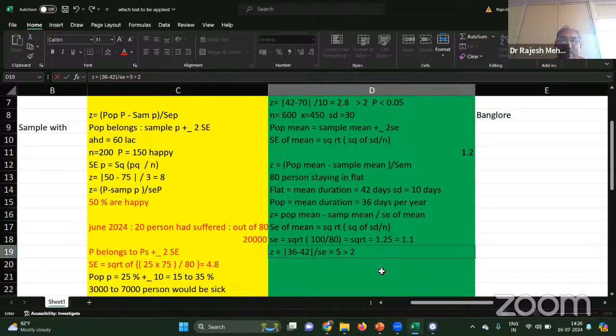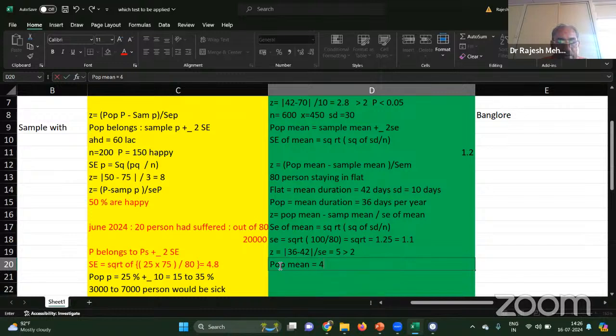And if they ask you to find out, based on the flat dwellers, what will be the population mean? If it is really representative, then your answer should be: population mean is equal to sample mean plus minus 2 standard errors.